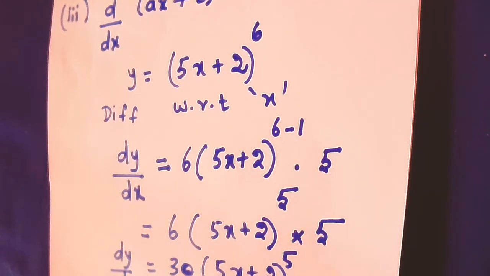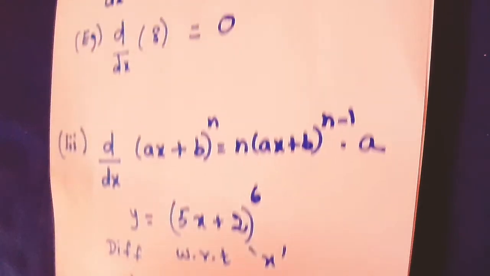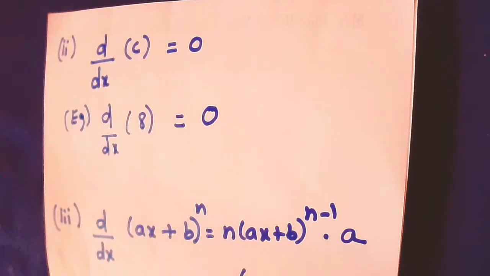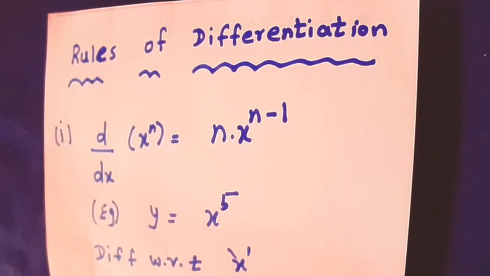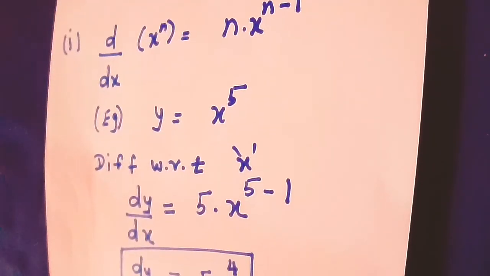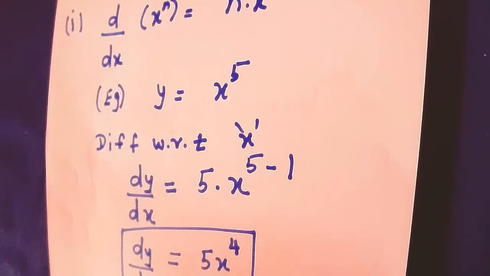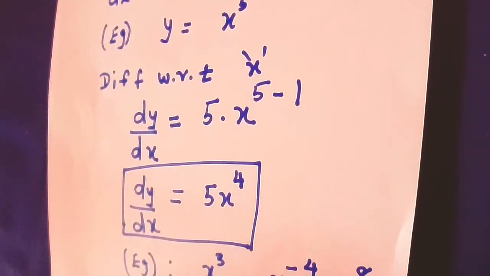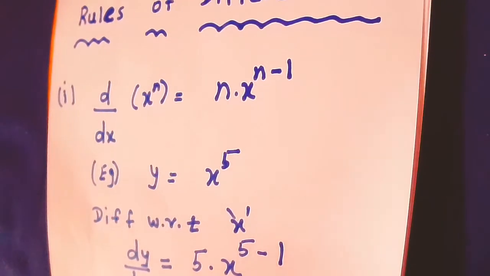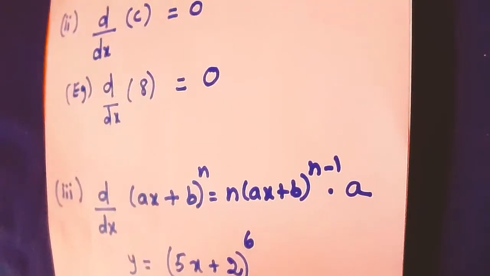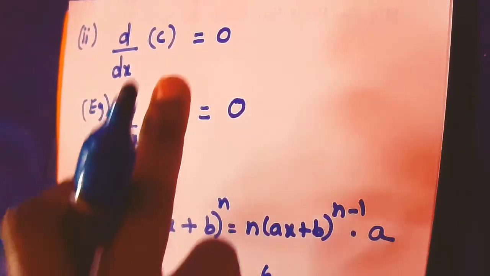So what we discussed so far, we discussed three important rules. The first rule is the simple power rule: differentiation of x to the power n is equal to n times x to the power n minus 1. We solved one example problem, and I have given you some problems to practice. It's very simple. Then we discussed that differentiation of any constant will be equal to 0.